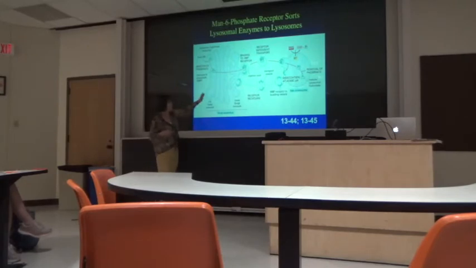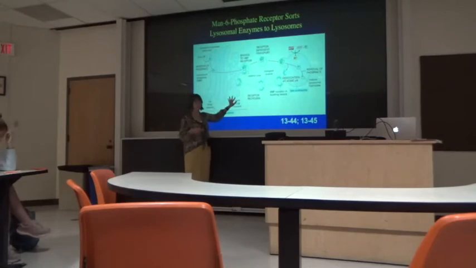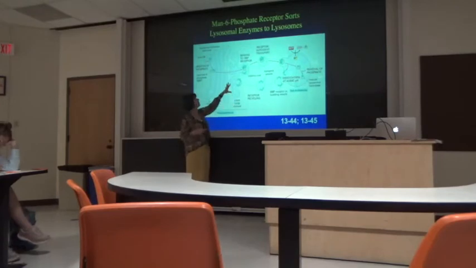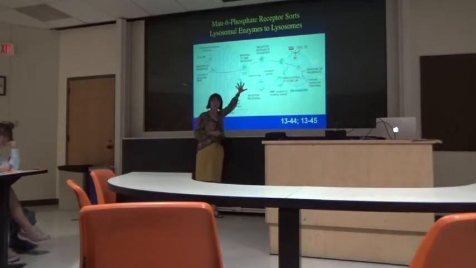And then the protein travels through the Golgi, through cisternal maturation, and when it is recognized in the trans-Golgi network, there are receptors here called mannose-6-phosphate receptors that bind to AP1 plus clathrin coats. So remember, those are coats that form on the trans-Golgi network.